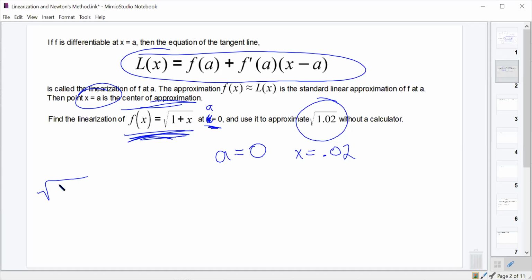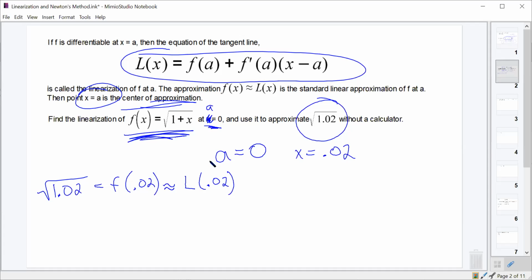So what we would do is write something out like this. The square root of 1.02, that's f of 0.02, isn't it? So what we'll say is that it is approximately equal to the linearization function at 0.02. And our linearization function is this one right here.